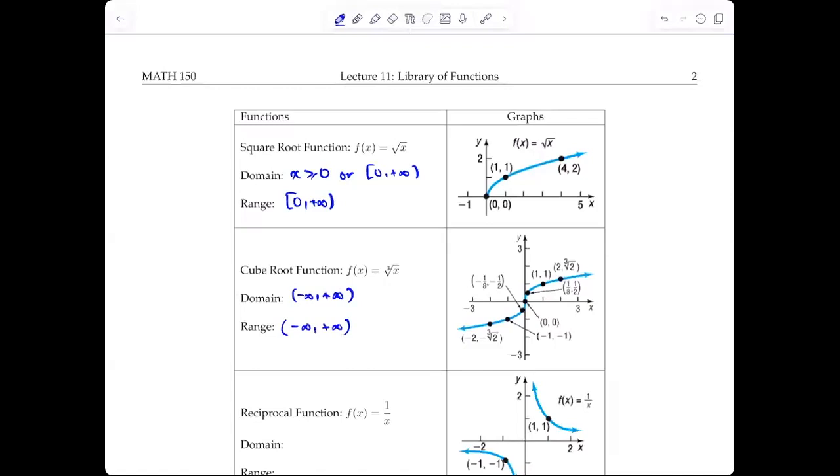So it doesn't mean we don't really care. It just means that there's no formula for you to follow. But for square root function or even root functions, you need to follow a certain rule. That is the expression under the root, under the square root, under the fourth root, or in general under the even root has to be greater than or equal to 0.